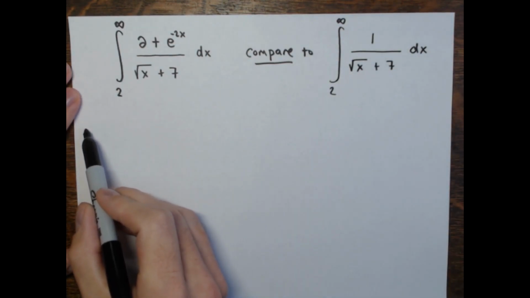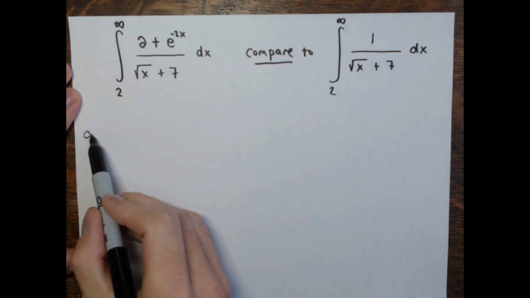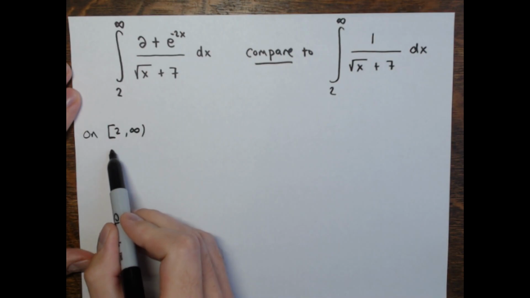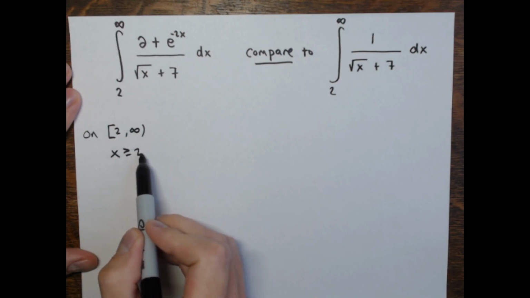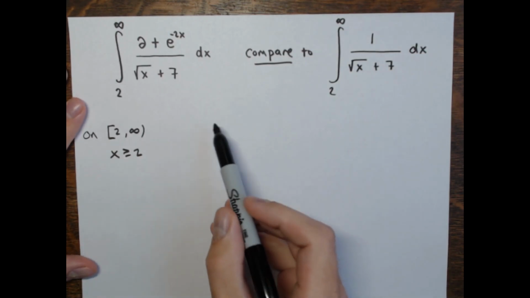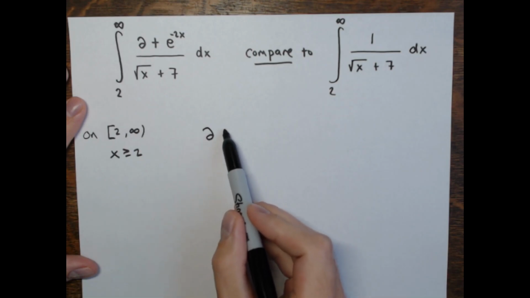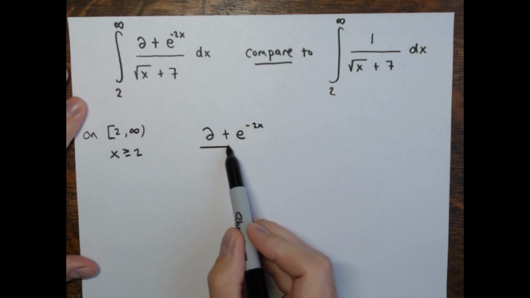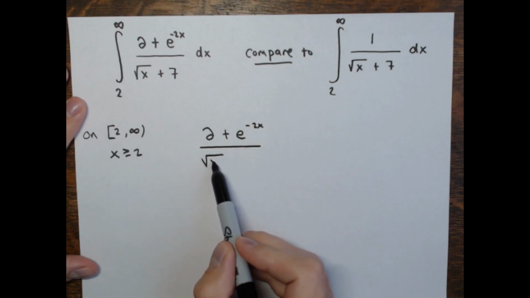Now, on this interval, from 2 to infinity, x is greater than or equal to 2. Look at 2 plus e to the negative 2x over the square root of x plus 7.